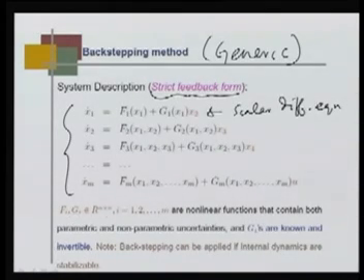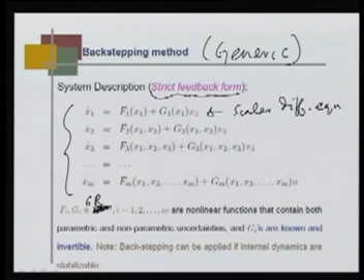The fi and gi are all scalars, at the moment I just assume they are scalar. The functions f1, g1, f2, g2, f3, g3, up to fm, gm are nonlinear functions that contain both parametric and non-parametric uncertainties, and these gi's are known and invertible.